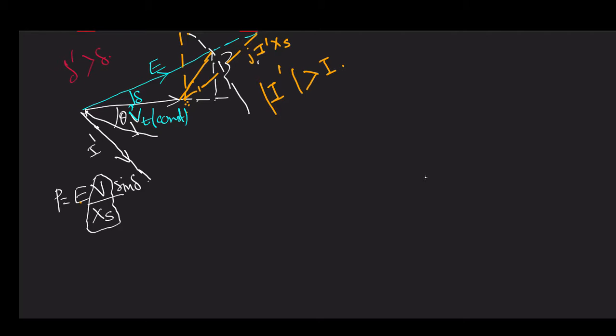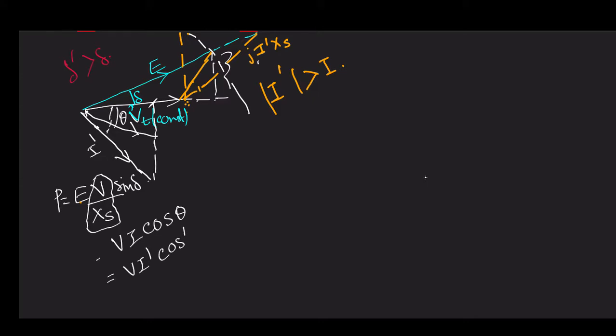And if you change this theta, I dash now has a different angle, but what is required is that the projection on your Vt must remain the same, otherwise the power, if you disregard armature reaction, then you are obliged to make these two the same.